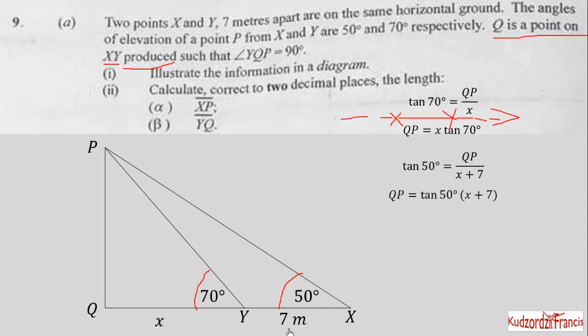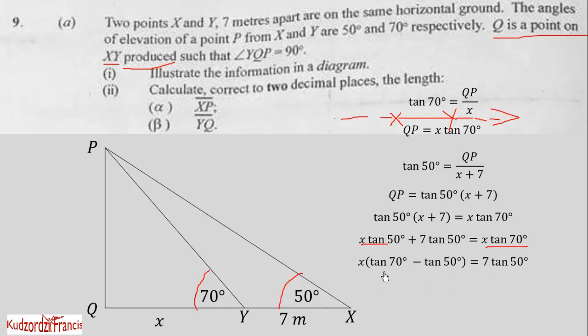So it means that QP is equal to tan 50 times x plus 7. Since QP is constant, we can equate the two equations, and that will give us this expression. Let's expand to get something like this, and we can group the variable terms.